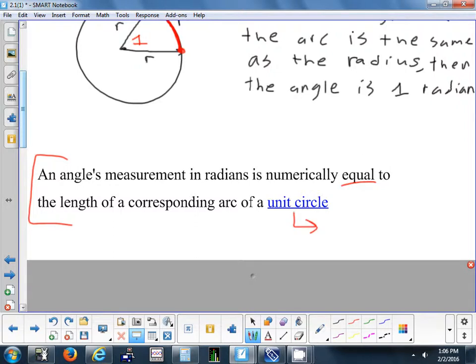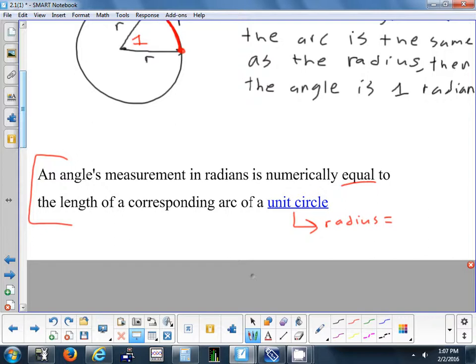And the type of circle that this very special kind of thing happens on is called a unit circle. A unit circle is a circle with a certain radius. Does anybody have a guess what the radius might be on a unit circle? Think of the simplest number you could have for a radius.